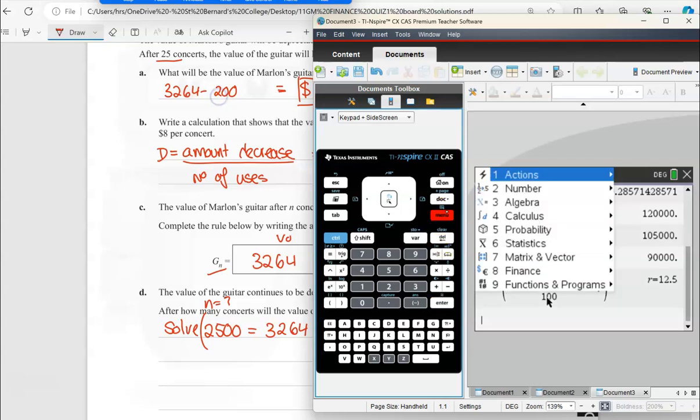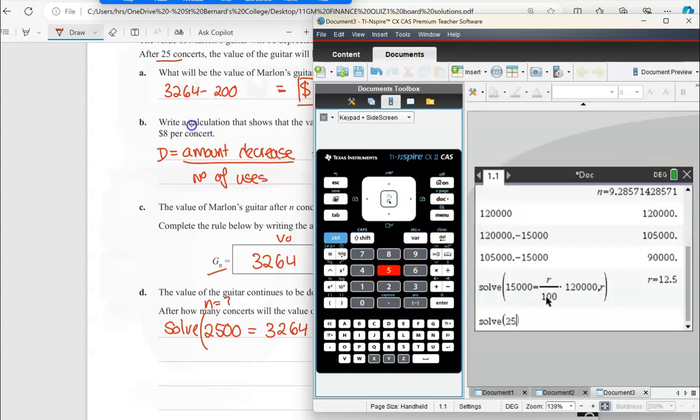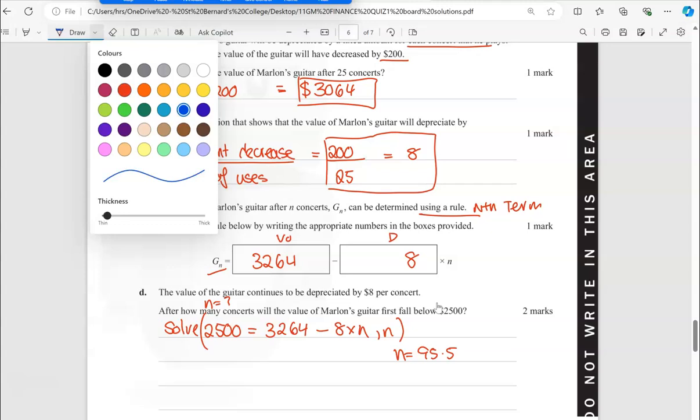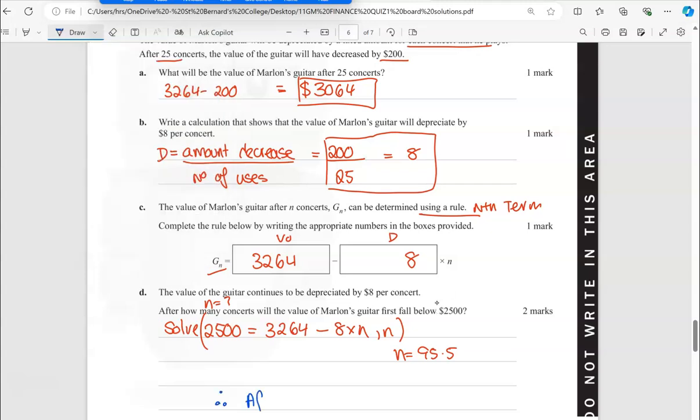Menu 3, 1, 2,500 equals 3,264 minus 8 times n, comma n. So n equals 95.5. If I go to 95, has it dropped yet? No. So what do we have to say? Good. Therefore, after 96 concerts, it's dropped. Okay.